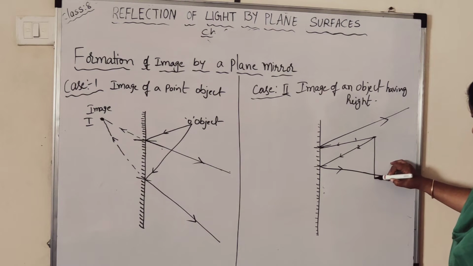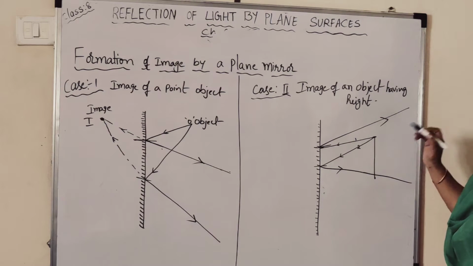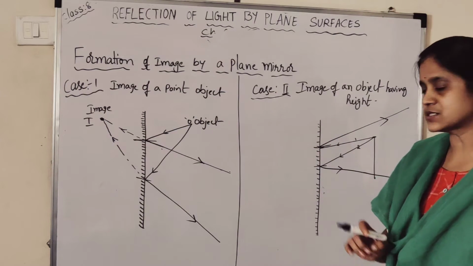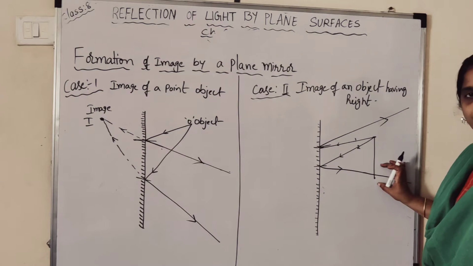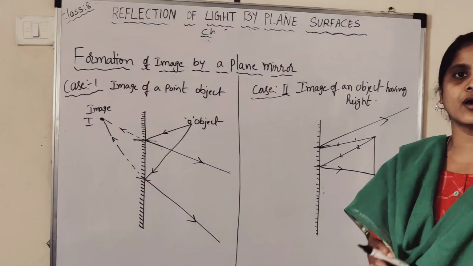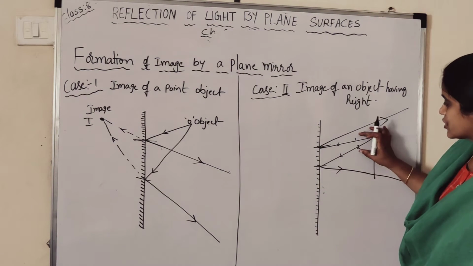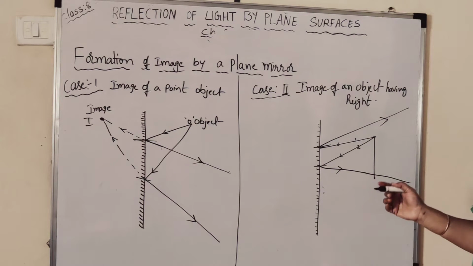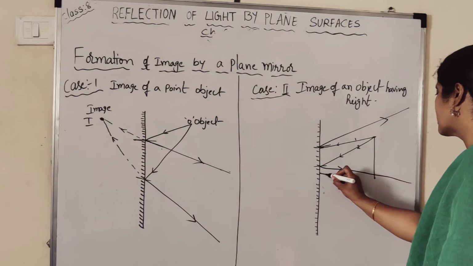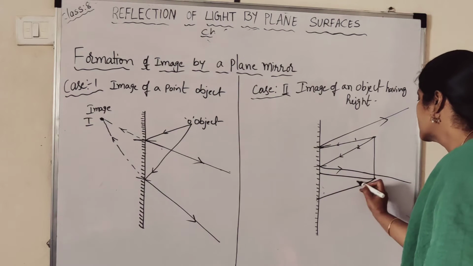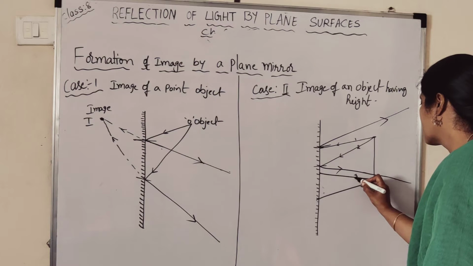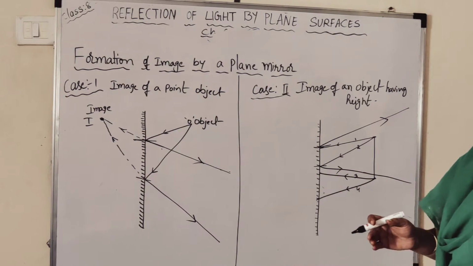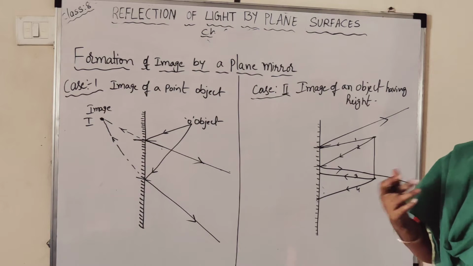Now, to get the image, from the top end and the bottom end we have to take two rays each. Here the first two are finished. Now from the bottom of the object, again take two rays falling on the mirror. This is 3 and this is 4. Arrow marks represent whether they are incident rays or reflected rays.